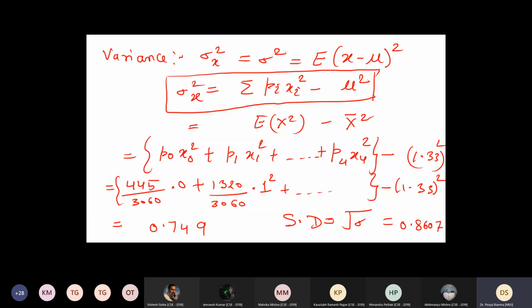As I told you in earlier classes, what is the meaning of a probability distribution? In a particular range, how we distribute the probability corresponding to each random variable. So the mean value shows the average for that random variable.